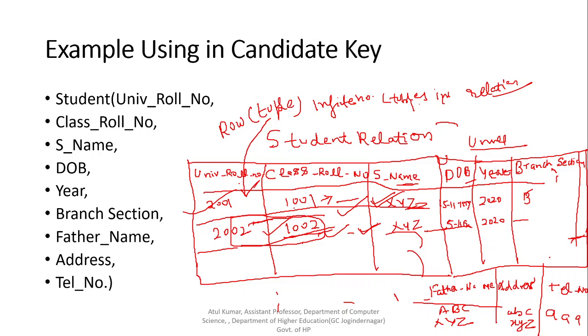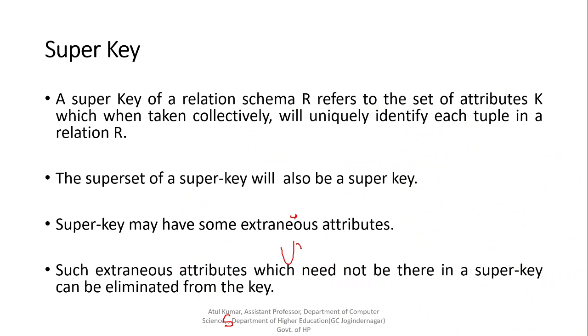So the superset here is university roll number, then class roll number, date of birth, student name, all of these. When we combine all these attributes, it becomes a superset, and the superset of a super key will also be a super key.